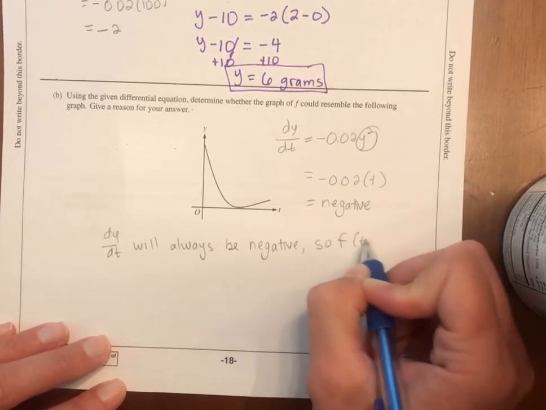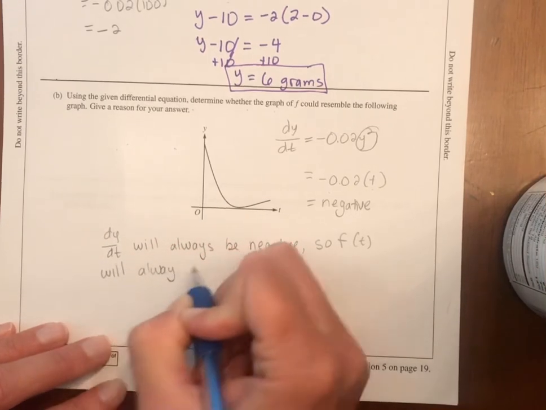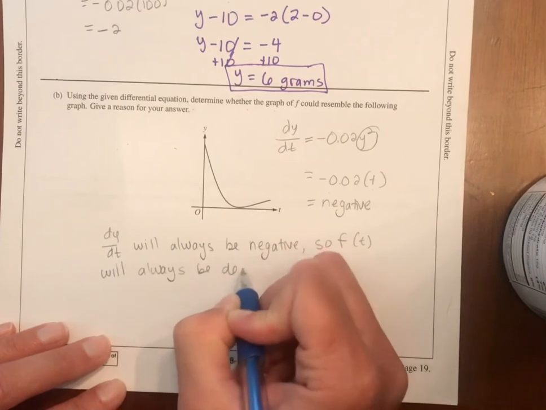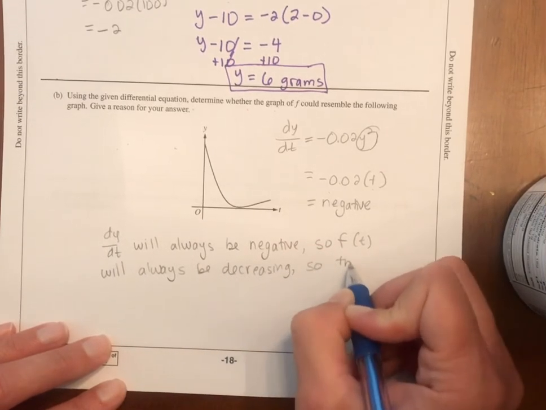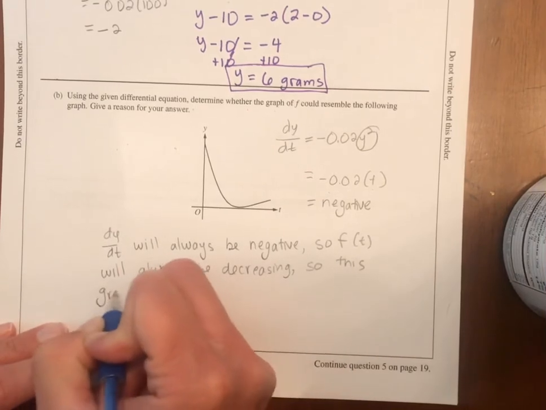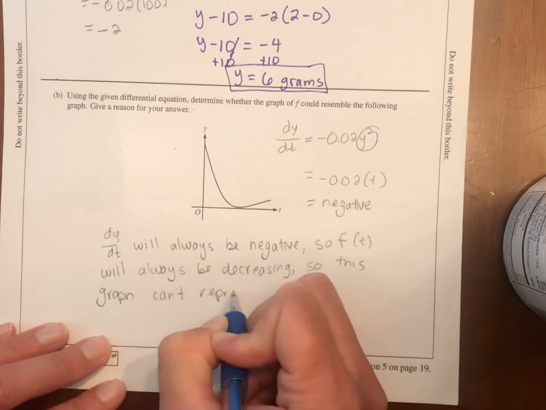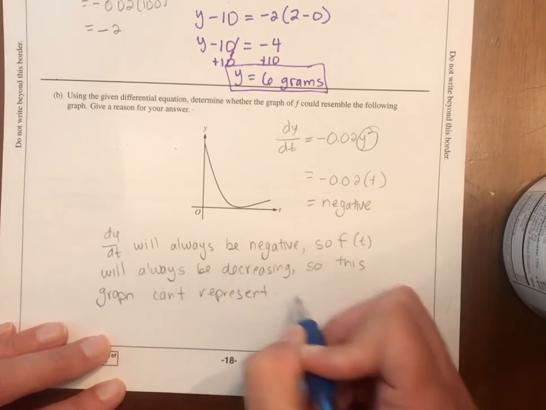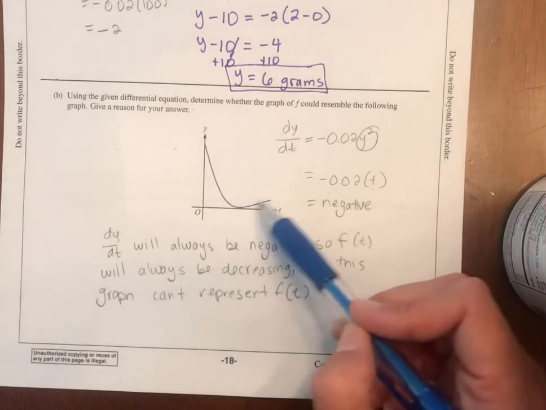So f of t will always be decreasing. So this graph cannot represent f, because it has an increasing interval.